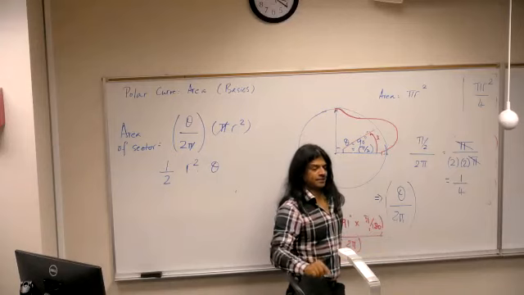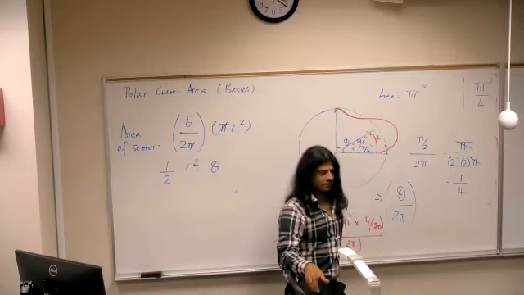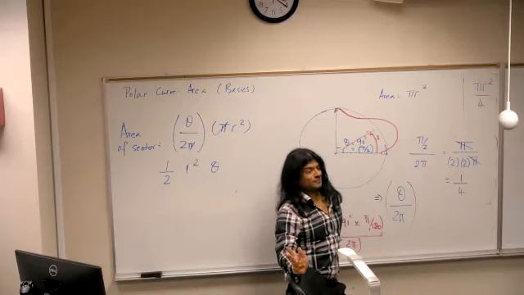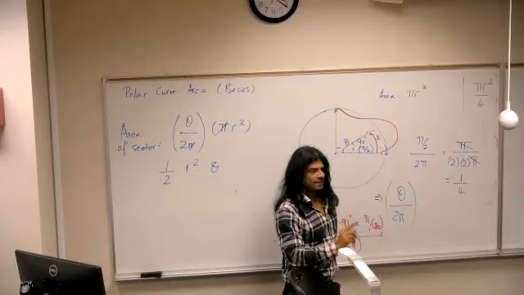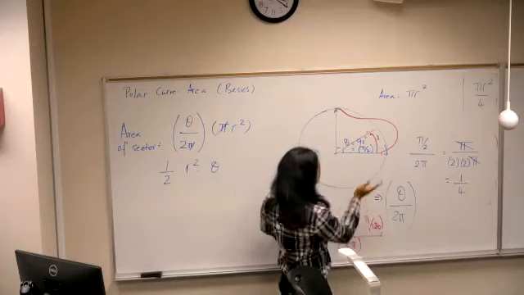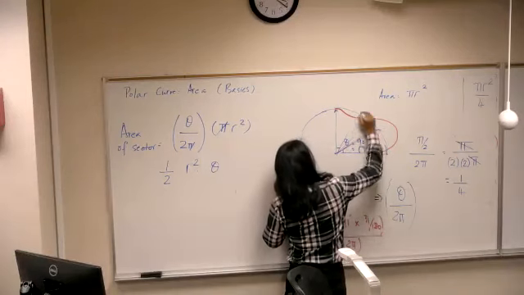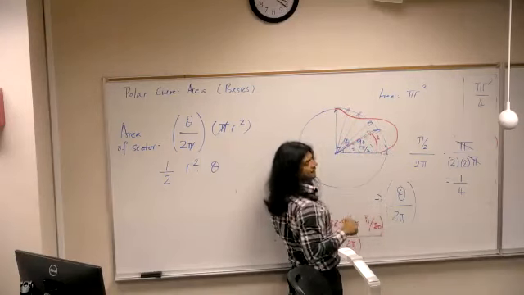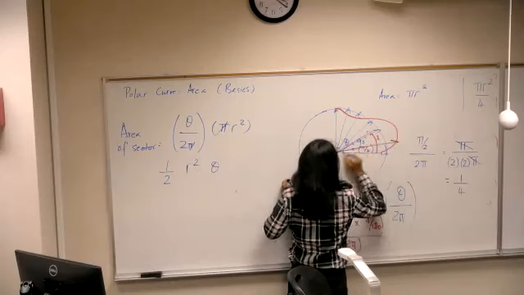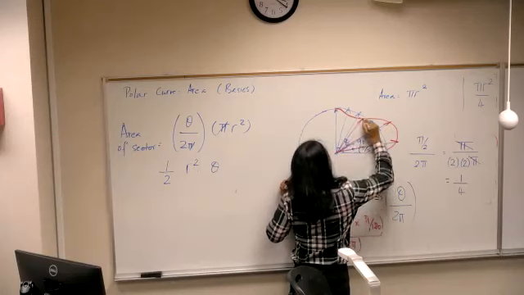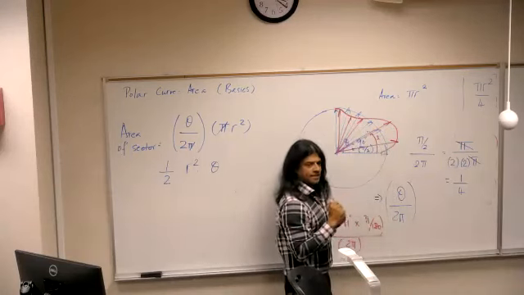I'll give you a hint. For the curve, what changes as you change theta, right? It is a function of theta. If you look at a circle, no matter where you go, the radius is the same, yes? But if you look at that red curve, is the radius the same as you move along that curve?